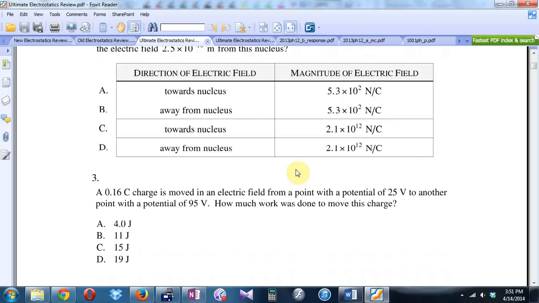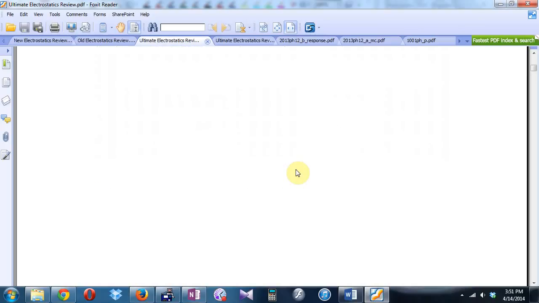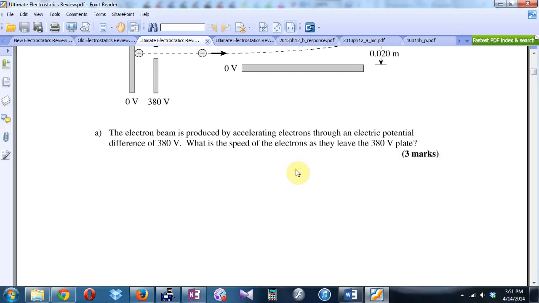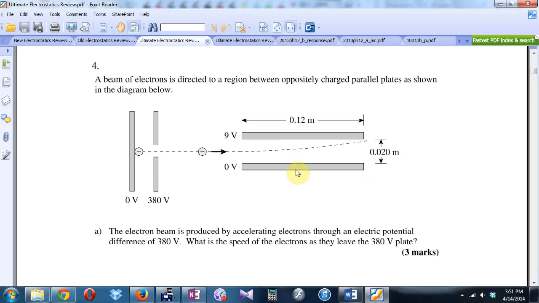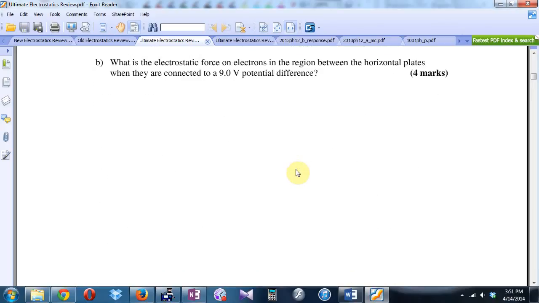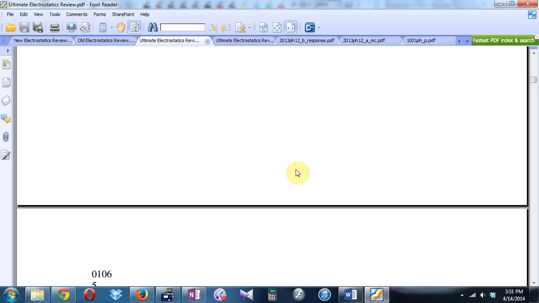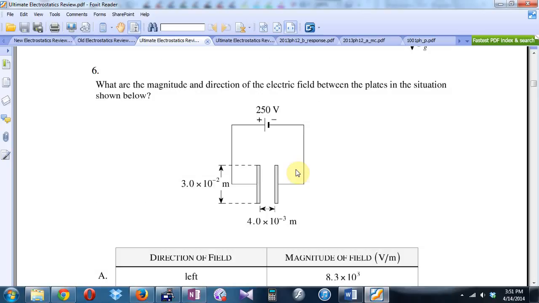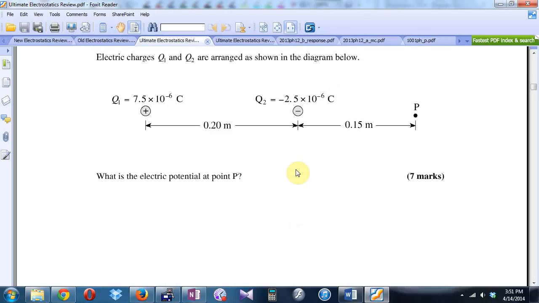I like number three. Definitely I like number four. Sure, number 6, finding the electric field between parallel plates.